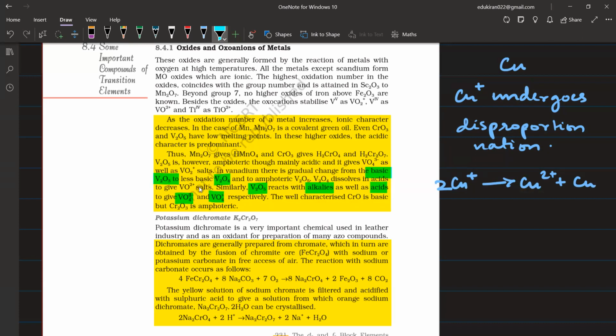Though mainly acidic, it gives VO4 3 negative. One line above that, sir. Like the basic one. The second line of this: V2O5 is however amphoteric and gives VO4 3 minus and VO2 plus salt. Oh, okay, fine. Got it.